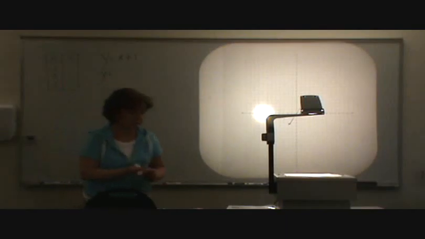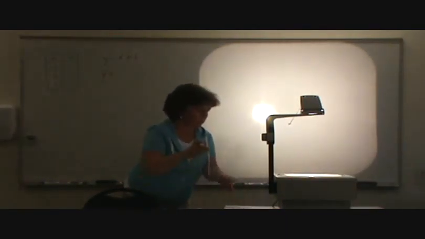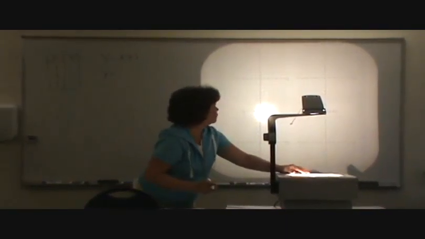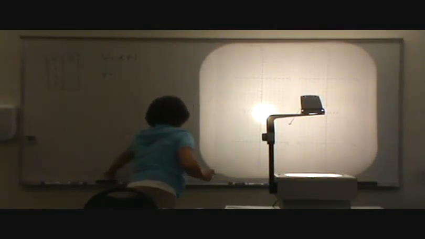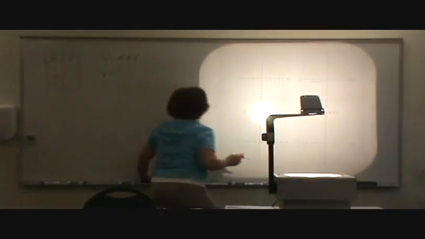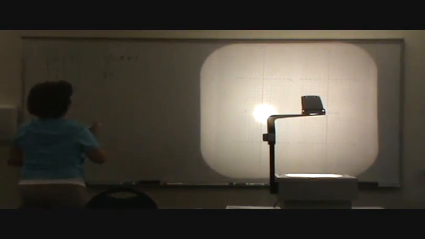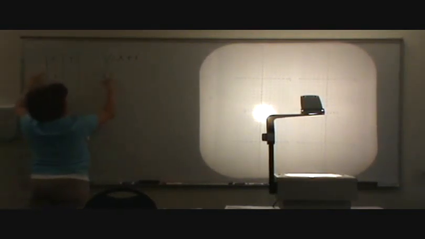For our second graph, the one in the top right corner of your paper, erase that. We're going to do y equals x plus 1. So if x is -1, y equals -1 plus 1, y is going to be 0.